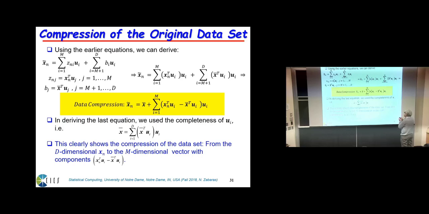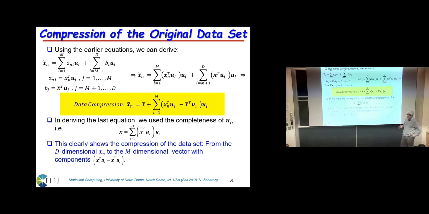Here again, the coefficient is basically xn minus x mean transpose times ui. Effectively, originally you started with vectors in d dimensions, but with this equation, to describe this point you only need m coefficients. So now you have approximated in m dimensions, not d dimensions.